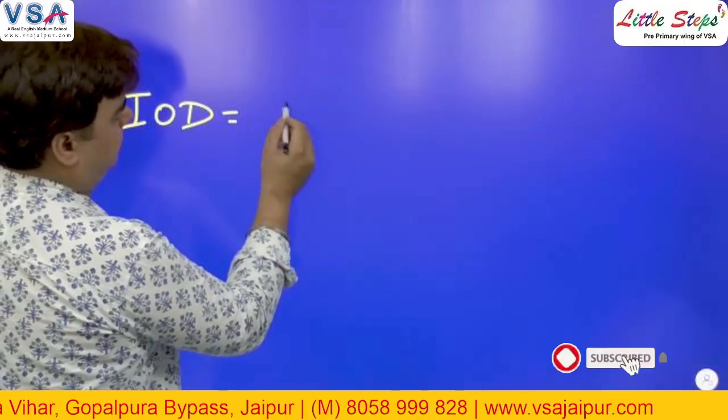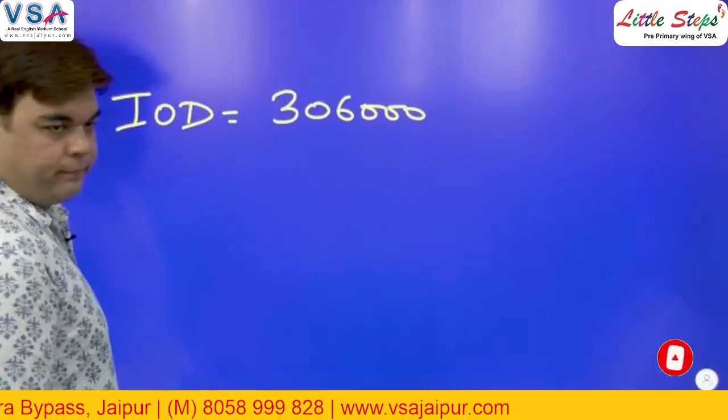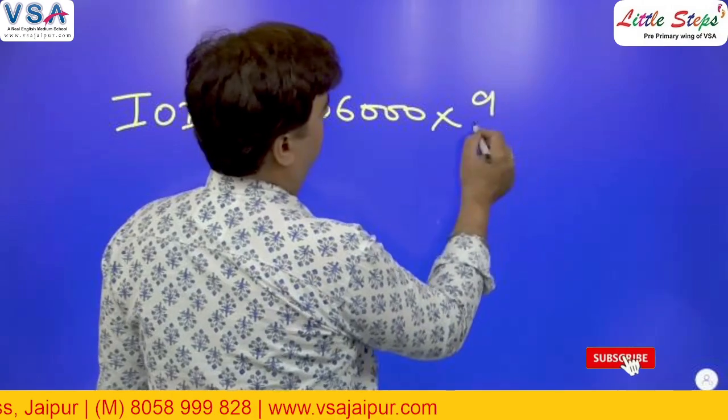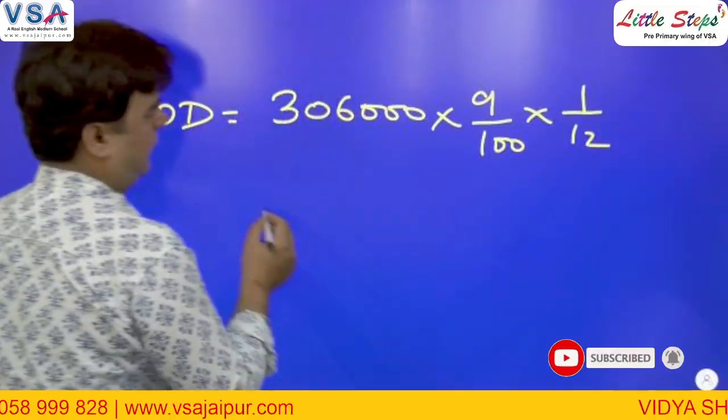Simple formula, beta. That is, the sum of the products, the interest on drawing, and 1 upon 12.